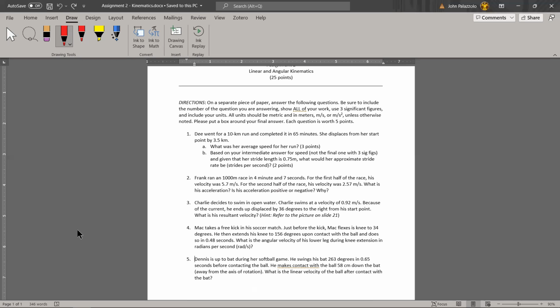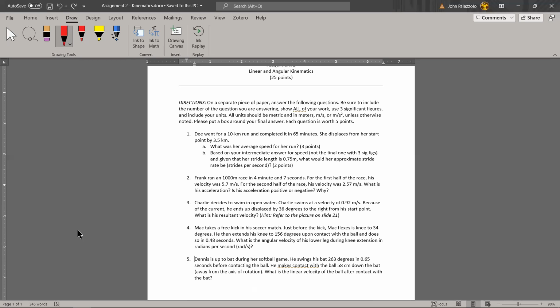I'm not quite sure if I covered stride rate and stride frequency yet, since I'm recording these ahead of time, so I will just give you the equation for this.